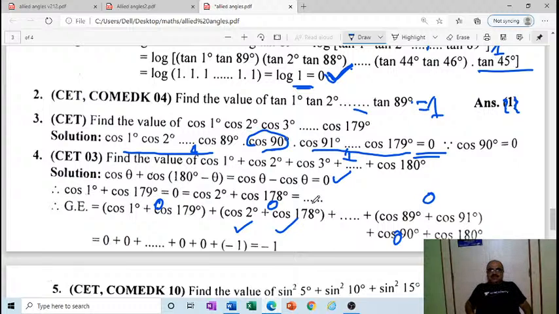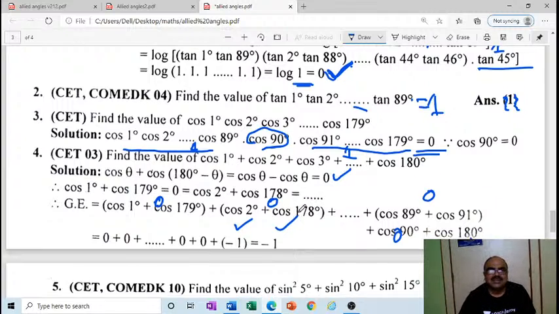Do you understand this? If it is only till 179, the answer is 0 for this sum. The moment you add cos 180 into it, then the answer is minus 1. Hope concepts are getting clear to you.